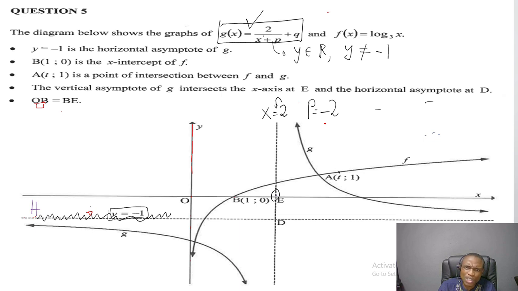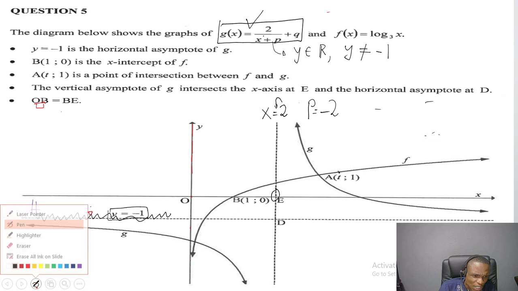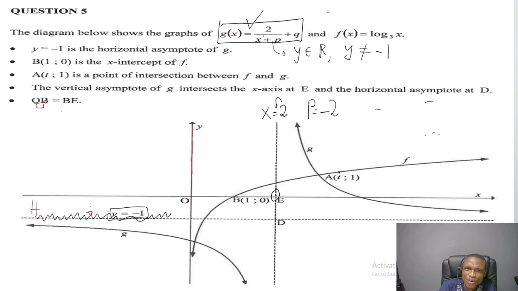But q is simple because this q here, from this incomplete equation, g of x equals 2 over x plus p, plus q, represents the horizontal asymptote.